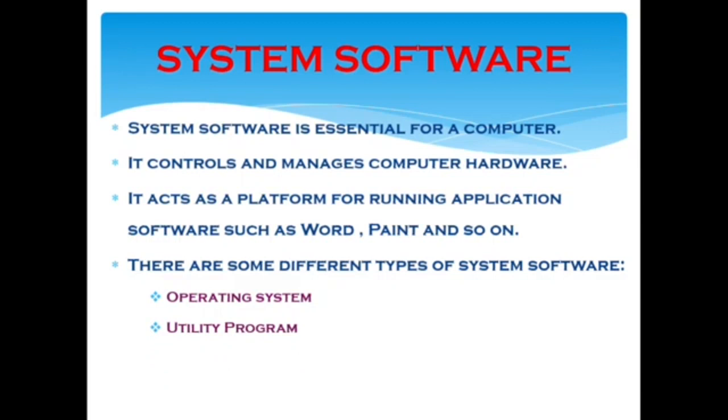The second one is utility program. The third one is language processor. So there are three different types of system software: operating system, utility program, and language processor.